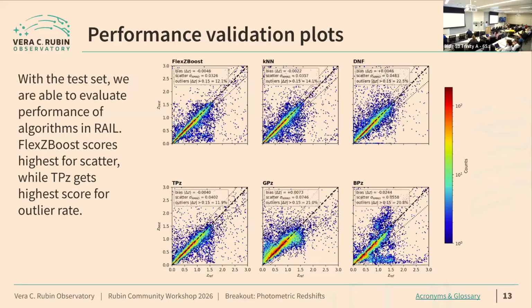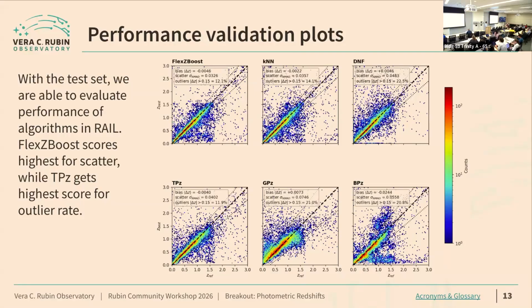So RAIL is really built by the whole PhotoZ community, and a lot of them are coming from the background of stage 3. For example, DNF is an algorithm I think developed in DES. FlexiBoost is currently used for HSC final year analysis.